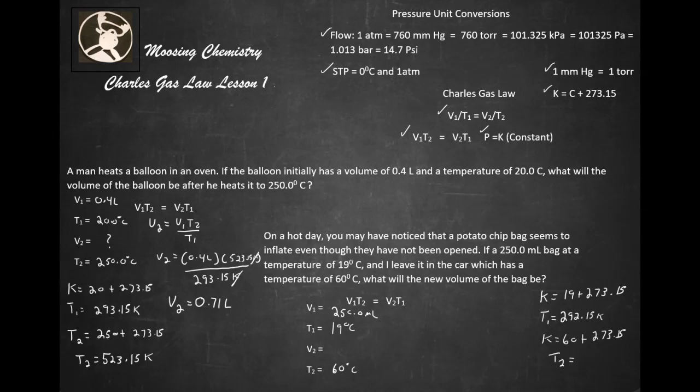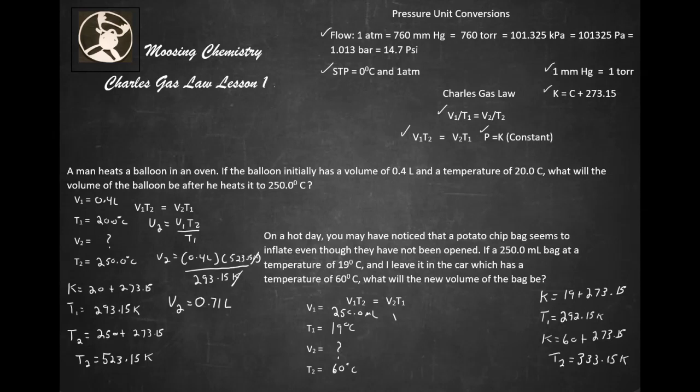It's 60 plus 273.15, which gives us 333.15 K. Now we're ready to solve the problem for V2.